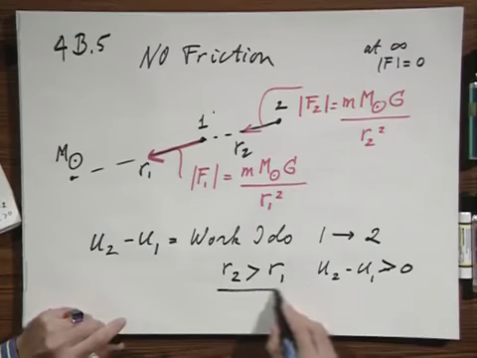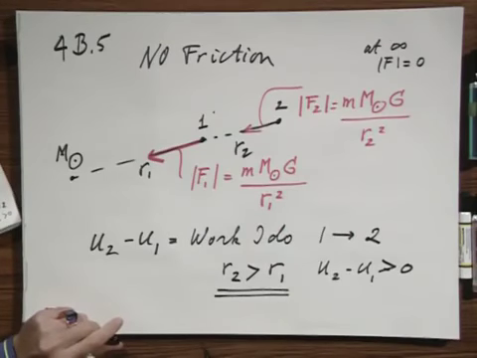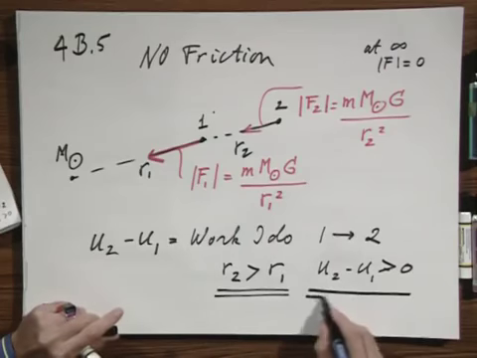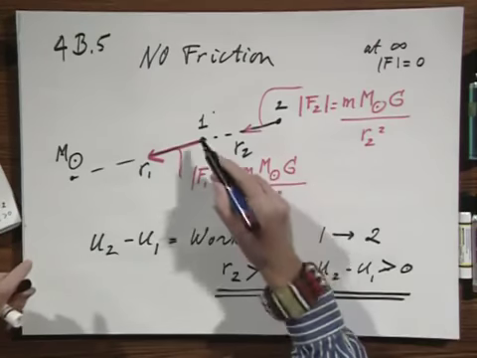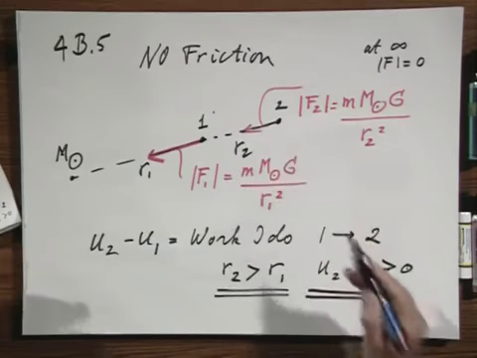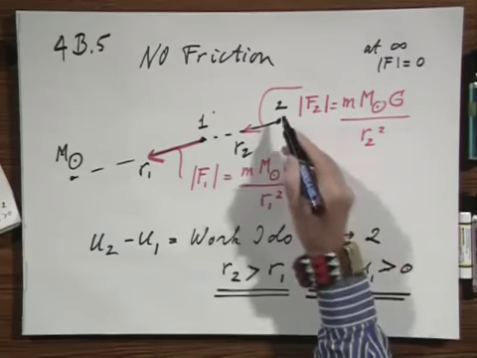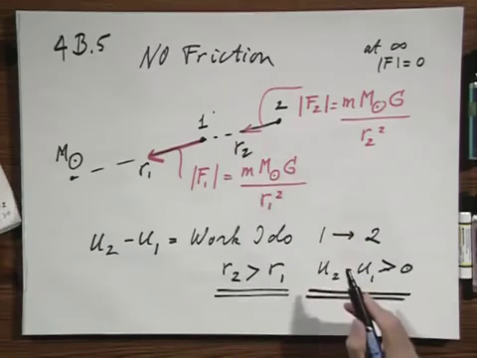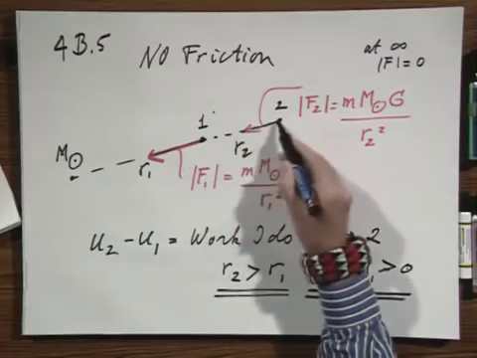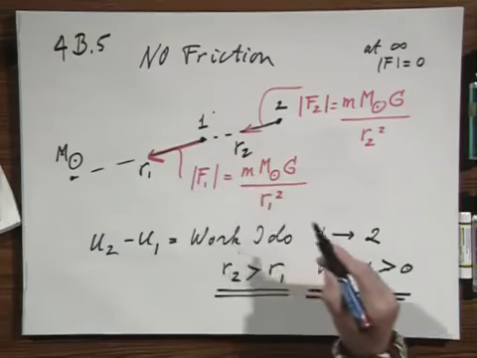So I confused you: r2 is always larger than r1 in this case, so U2 minus U1 is always larger than 0. If I go from 1 to 2, I therefore have to do positive work. If I go from 2 to 1, I therefore have to do negative work. I go from a higher potential to a lower potential.